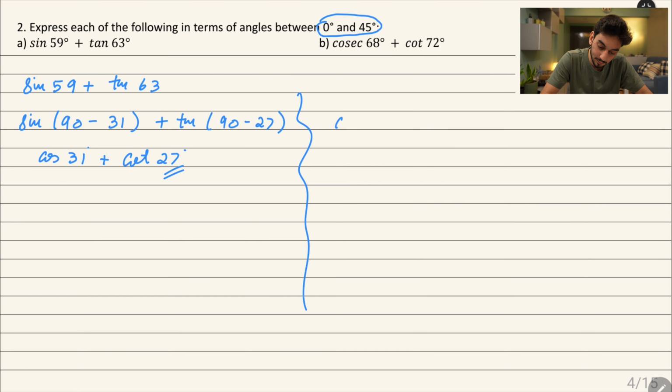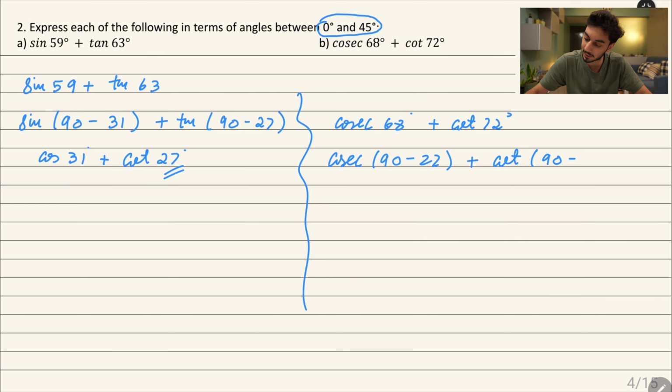So this thing is cosec 68 degrees plus cot 72 degrees. Now, cosec 68 can be written as cosec of 90 minus 22, since 90 minus 22 is 68, plus cot 72 can be written as cot of 90 minus 18.